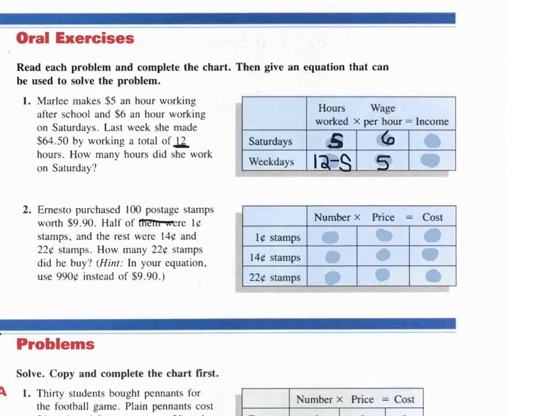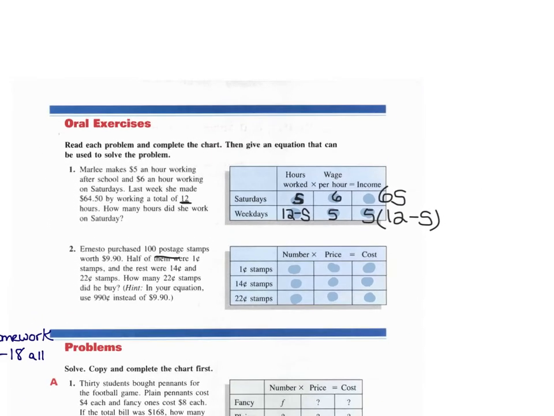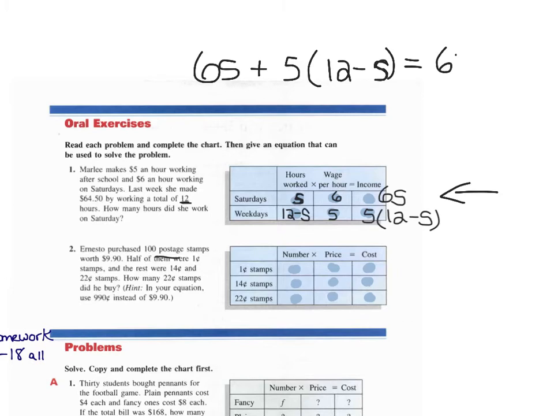And then the income, remember, is hours worked times wage. So 6S and then 5 times 12 minus S. And now to solve this, the equation we would set up, because that's what it's also asking us to do, would be to take the 6S, the Saturday amount, plus the weekday amount, and we knew she made a total of $64.50.